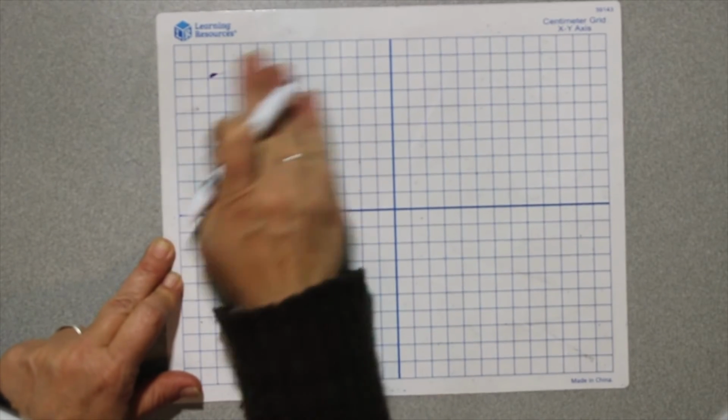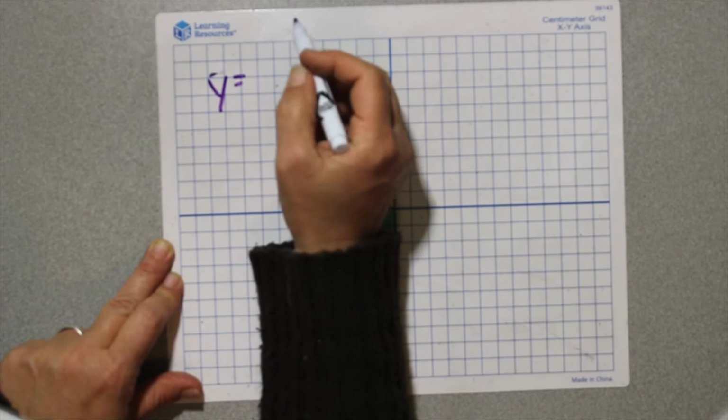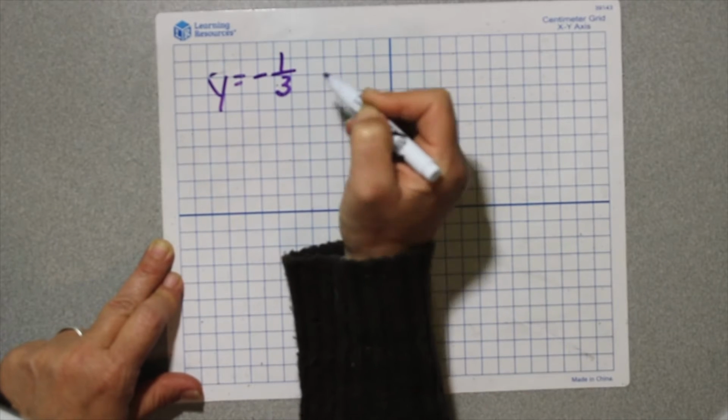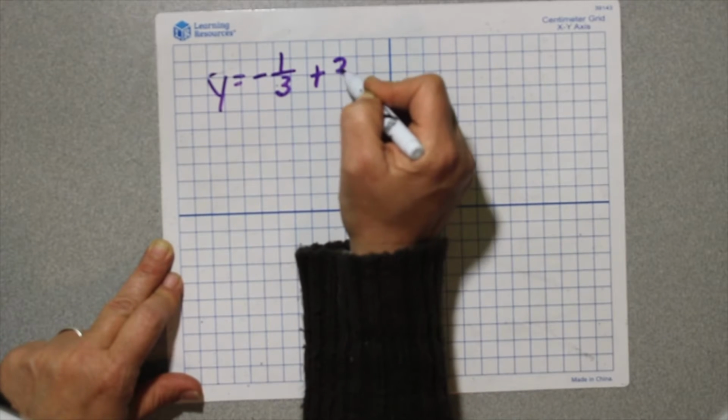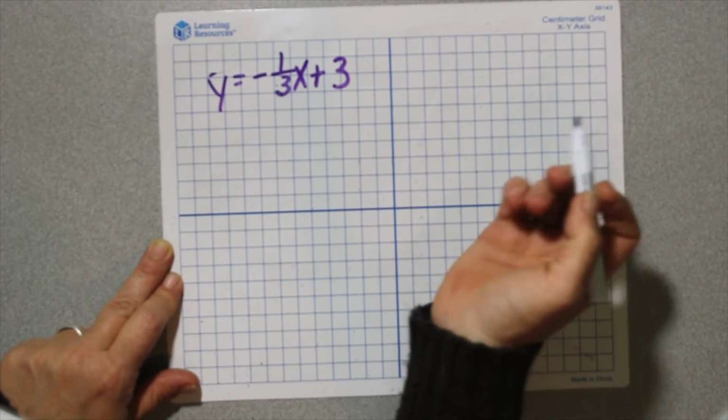I think I already did that one. Let's try y equals negative 1/3 x plus 3.